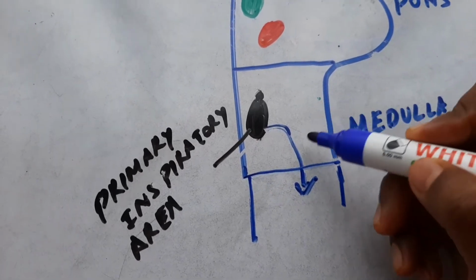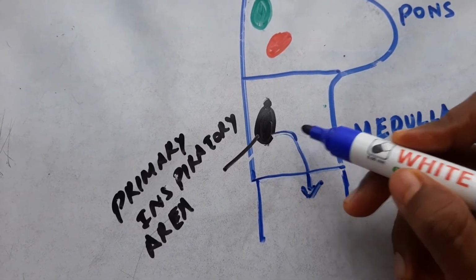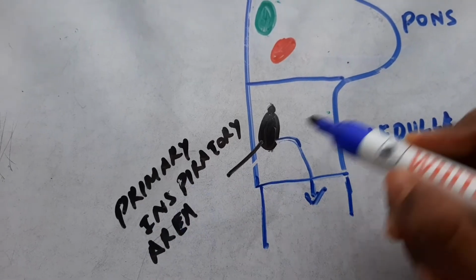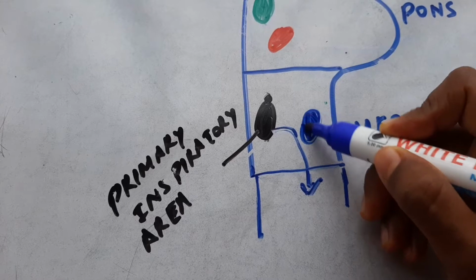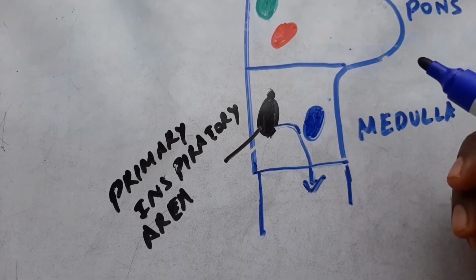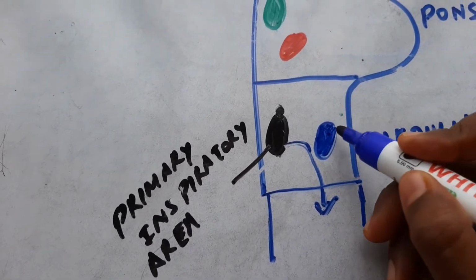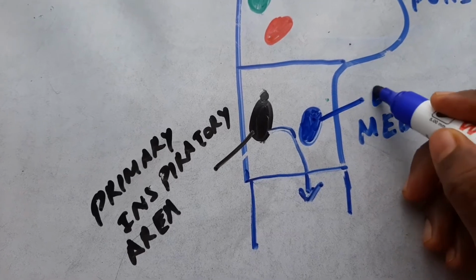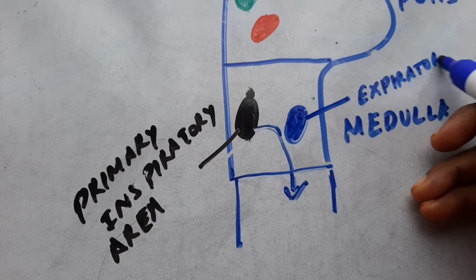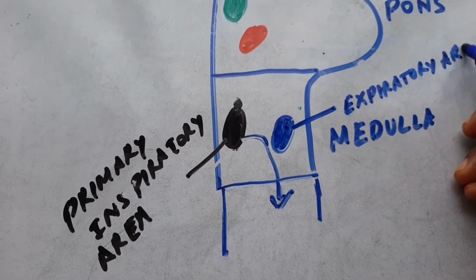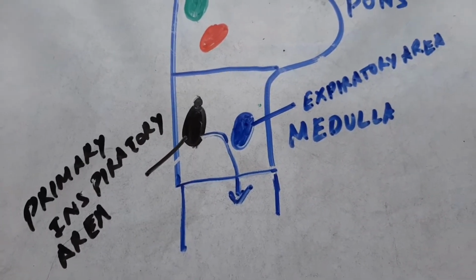Next there is another area near this inspiratory area. This is the primary inspiratory area. Near this area there is another area, which is generally called the expiratory area. So how does it work? Let's see.